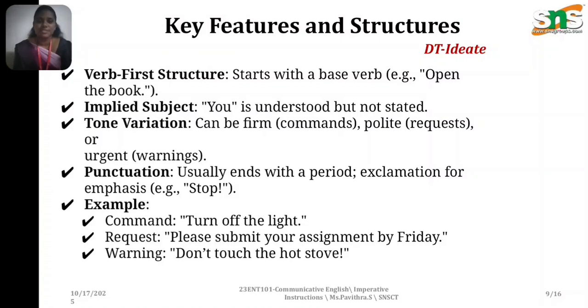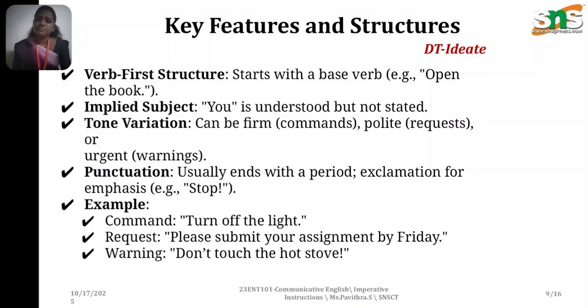Second, an implied subject: the subject you should be understood but is not stated. Third, tone variation: the imperative can be a command, a polite request or a warning. Fourth, punctuation: it usually ends with a period, or an exclamation mark for emphasis, to highlight the command.